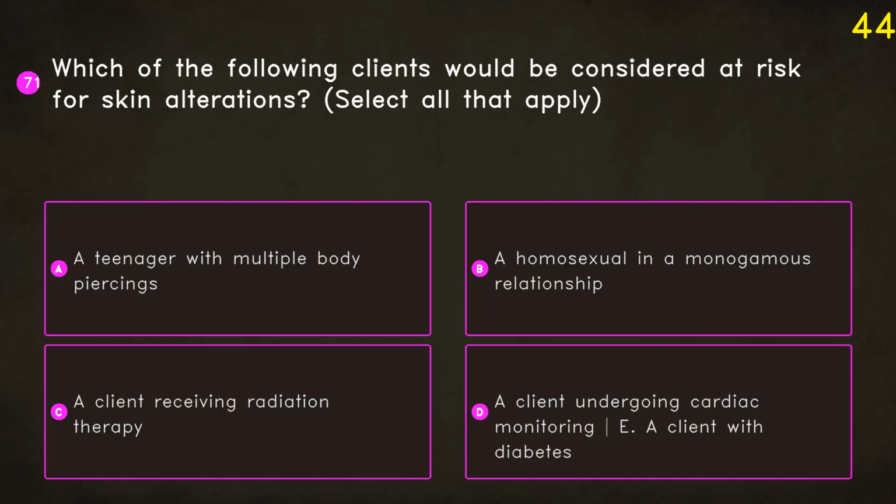Question 71. Which of the following clients would be considered at risk for skin alterations? Select all that apply. A. A teenager with multiple body piercings. B. A homosexual in a monogamous relationship. C. A client receiving radiation therapy. D. A client undergoing cardiac monitoring. E. A client with diabetes.